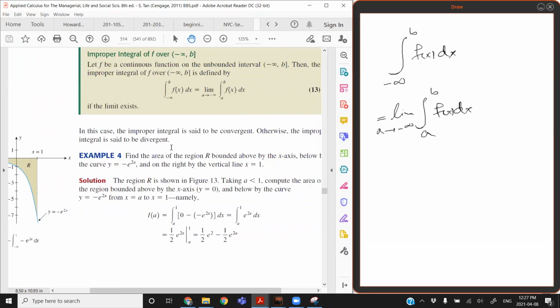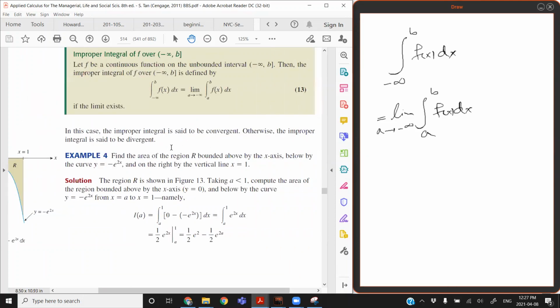Find the area of the region R bounded above by the x-axis and below by the curve y equals minus e to 2x.